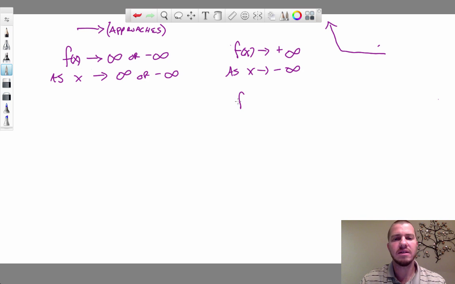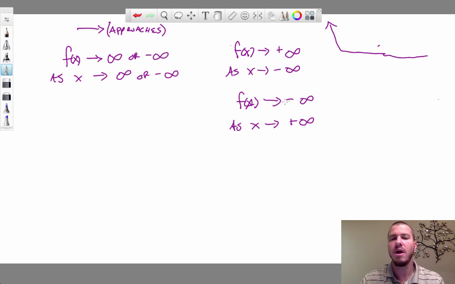And then if it says f of x approaches negative infinity as x approaches positive infinity, that means that as the graph is going to the right, which is where x is going towards positive infinity, the y value, or the f of x function, is approaching negative infinity.